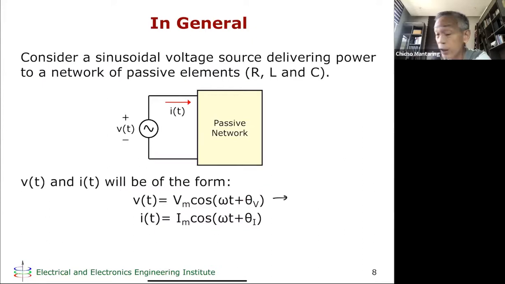If this was a phasor, V is equal to V sub m over the square root of 2 at an angle theta v. And I is equal to I sub m over the square root of 2 at an angle theta I. So there's going to be a difference in the phase angle of the voltage and the phase angle of the current.